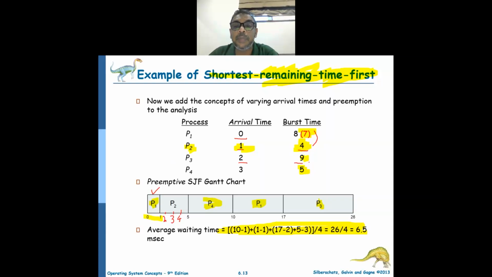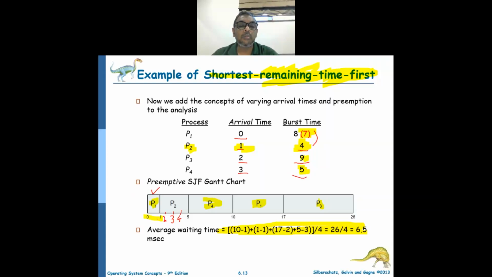But the burst time is big. P2 punya burst time is smaller. So dalam algorithm ini, we choose the smaller burst time. So it continues until 3. At time 3, dia tengok balik. Is there any other process? Yes. P4, but it's 5. It's bigger than P2.